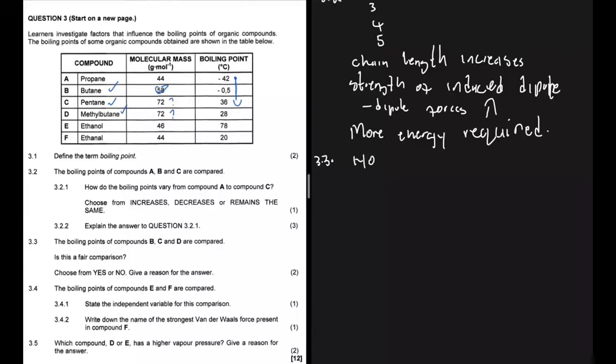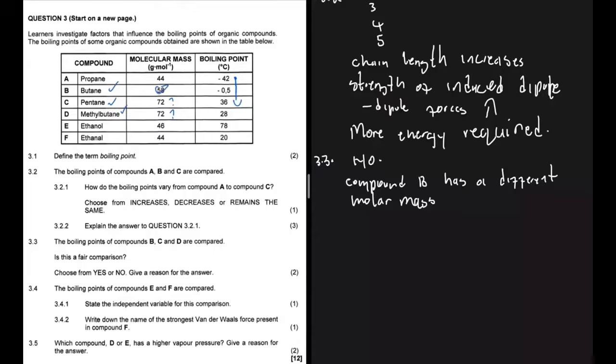And then obviously they're gonna ask us why, because compound B has a different molar mass, right? Because when we are doing these experiments in chemistry, we are only supposed to be changing the independent variable, right?